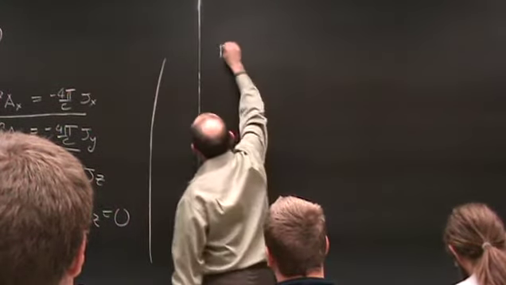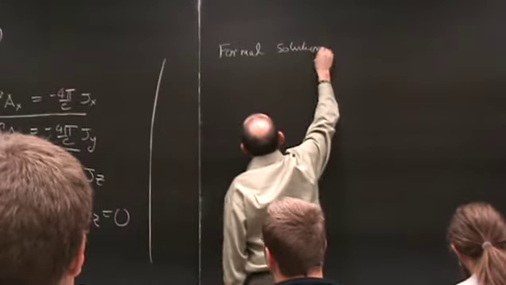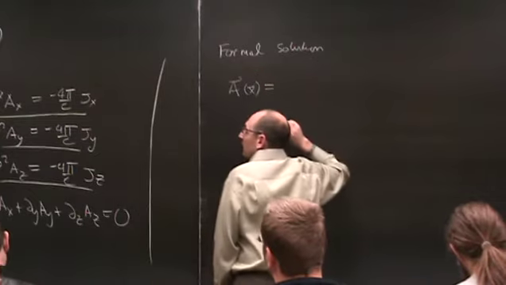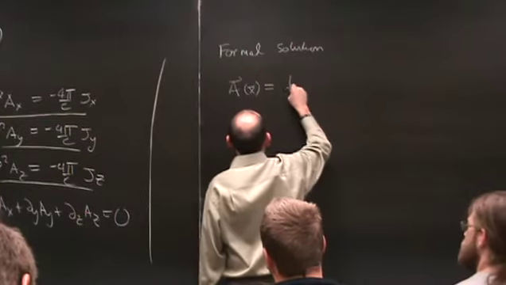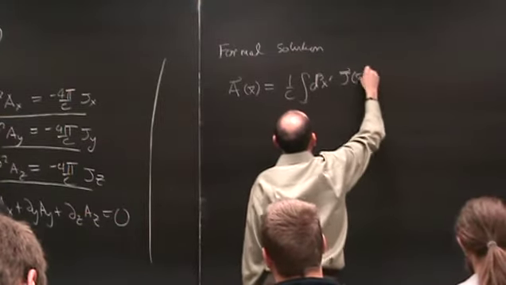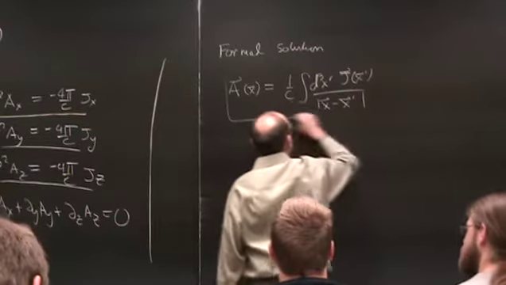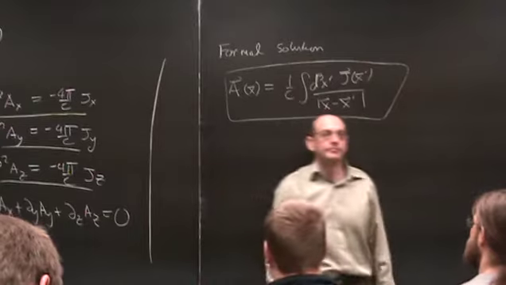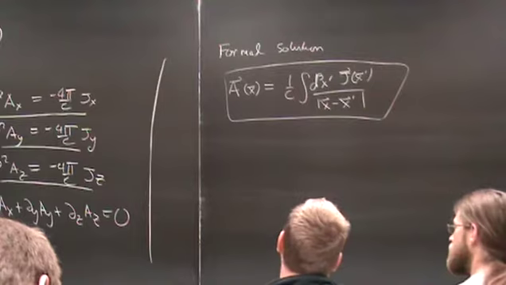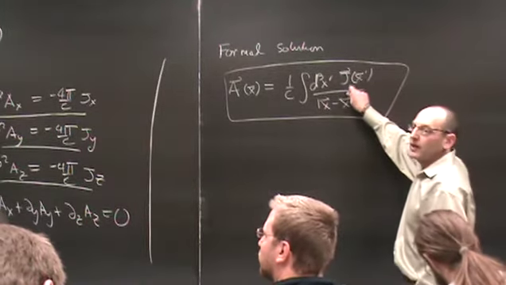So the formal solution is A as a function of x equals 1 over c, integral with respect to the sources times the Green's function. Again, J is a vector here, which makes this more complicated.